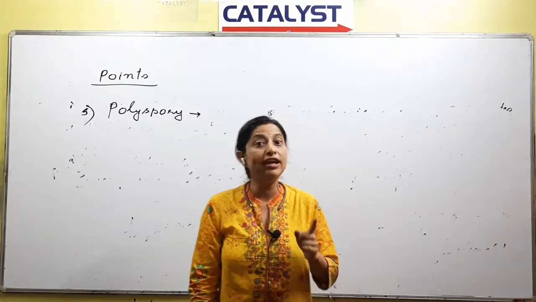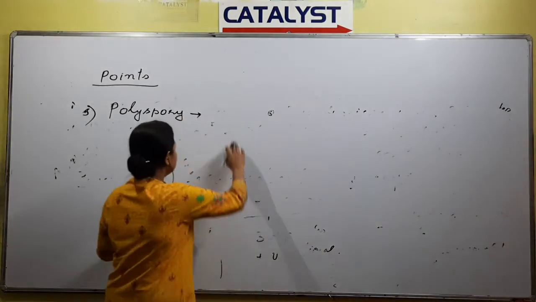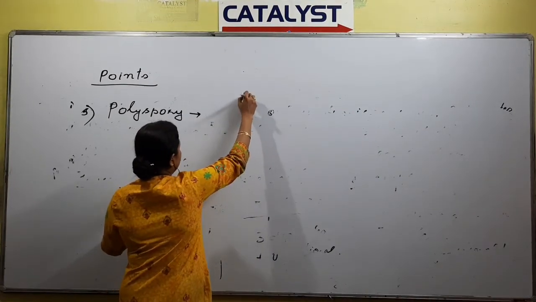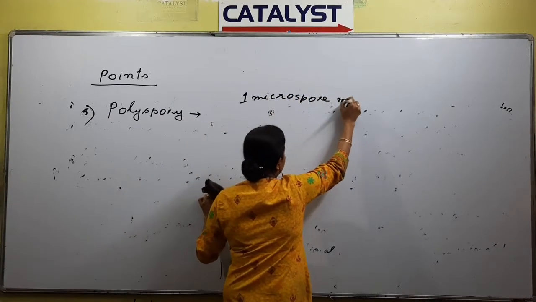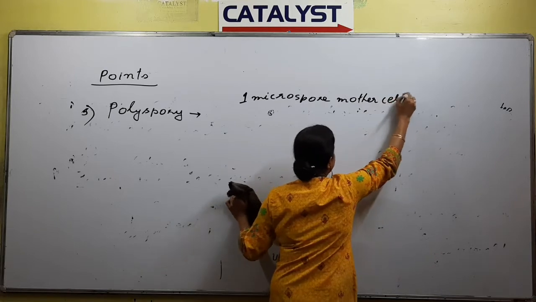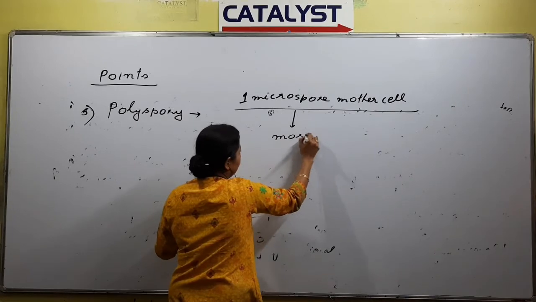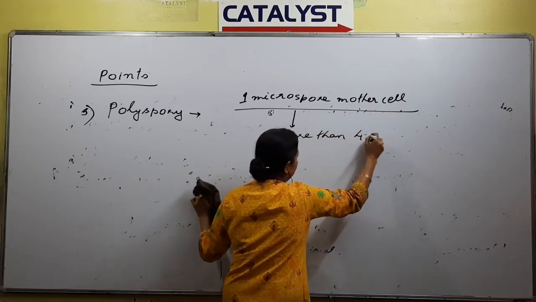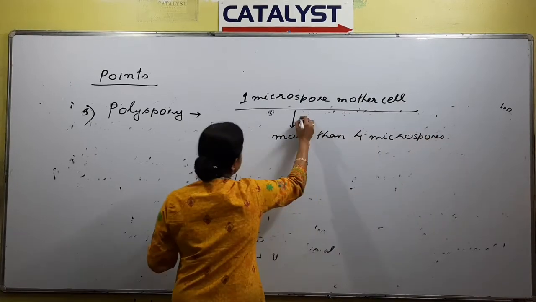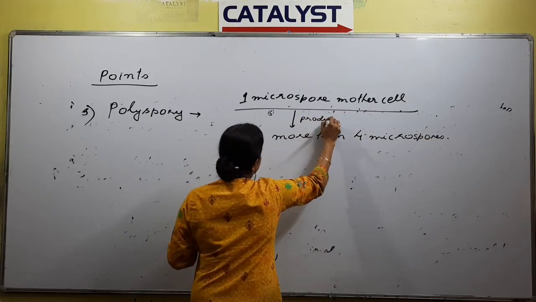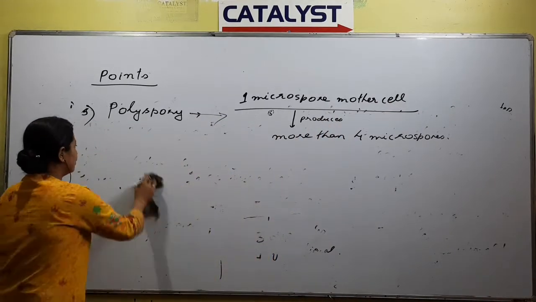Production of more than 4 microspores from 1 microspore mother cell is called polyspory. That means if 1 microspore mother cell produces more than 4 microspores, we call it polyspory. I think we understood now.